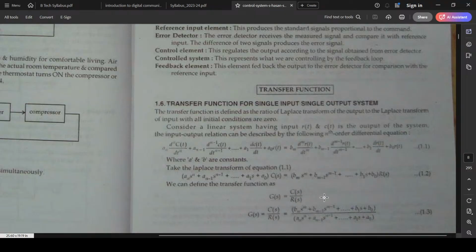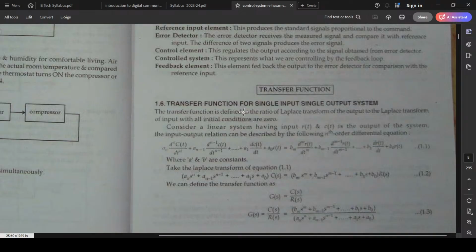This is a type of transfer function where C(s) denotes the controlled output and R(s) is the input. But there's a difference. It's not just the ratio.